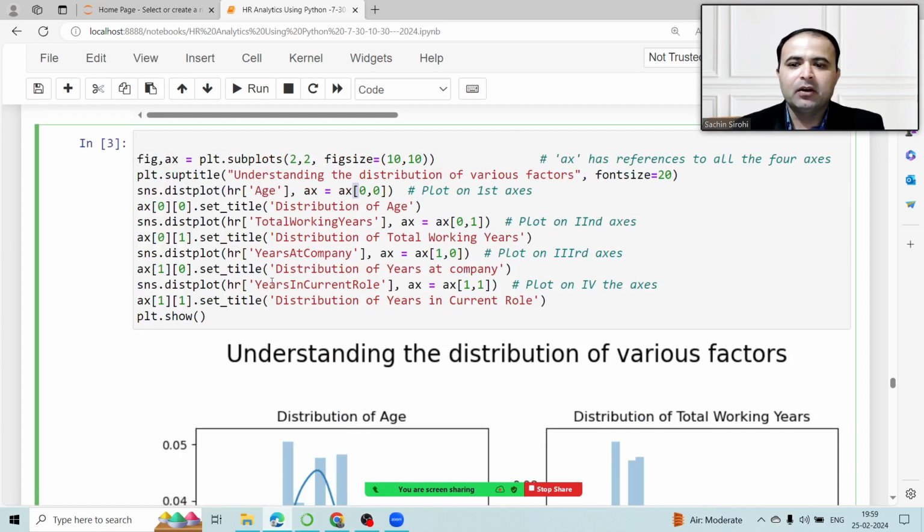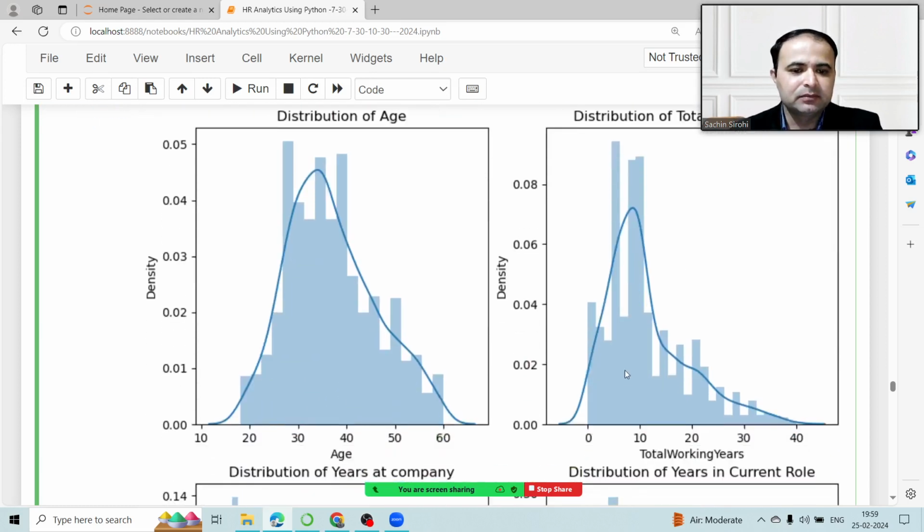Then on axis 0,1 is the total working years of the employees: 0 to 10, then 10 to 20 is less, 20 to 30, and 30 to 40.